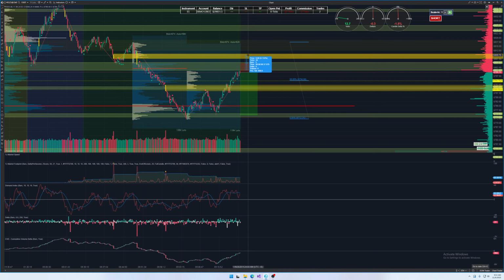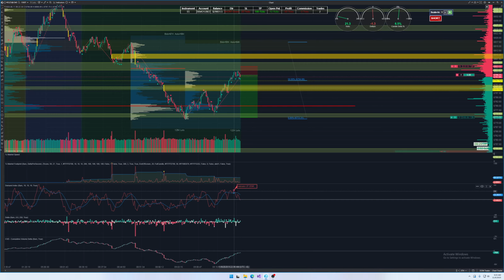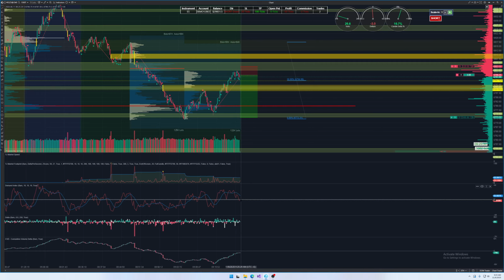And then here it's kind of flat, even though the market went straight up here, but it has plus 3,000 contracts. And delta went up, cumulative delta went up here as well, but demand index seems to be not convinced about that move.